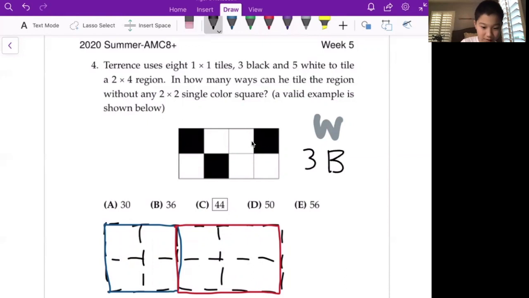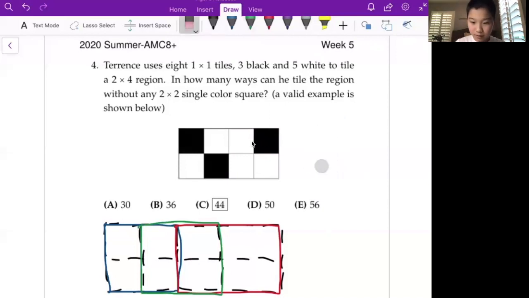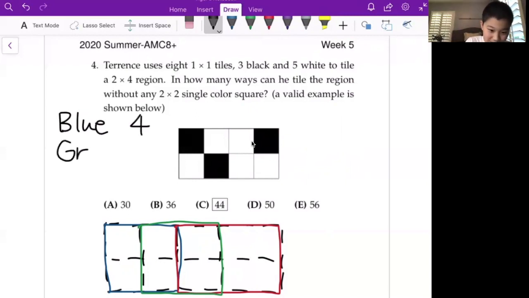But what about the red case or the green case? So let's write it down. Blue, 4. Now let's count the green. So how many are there?